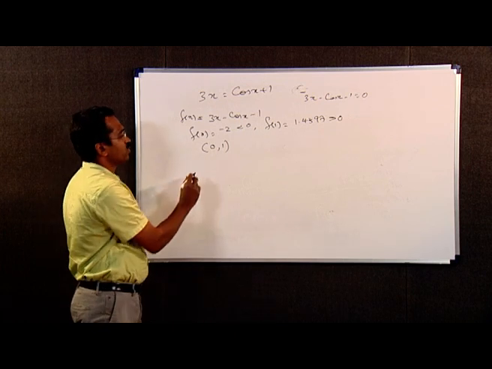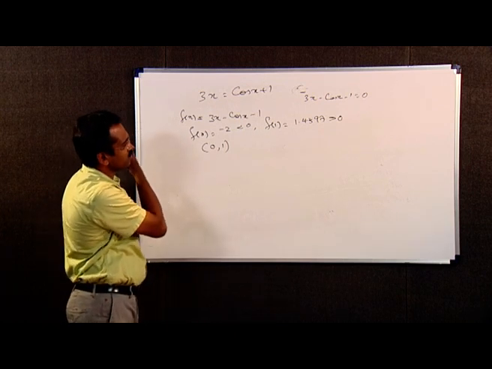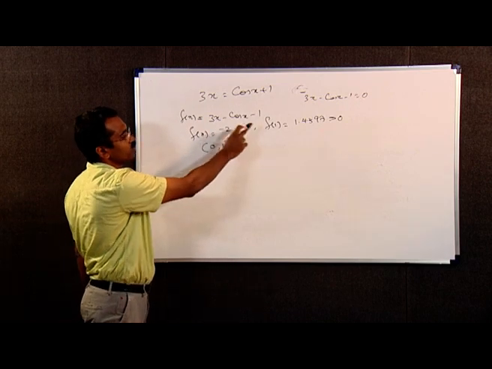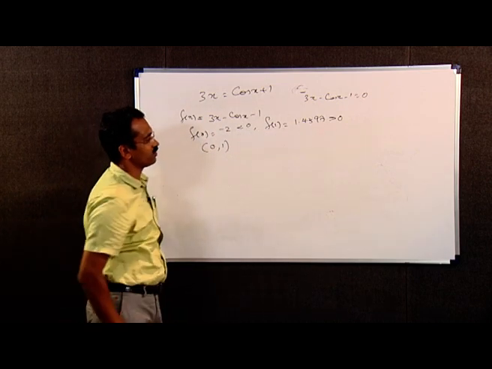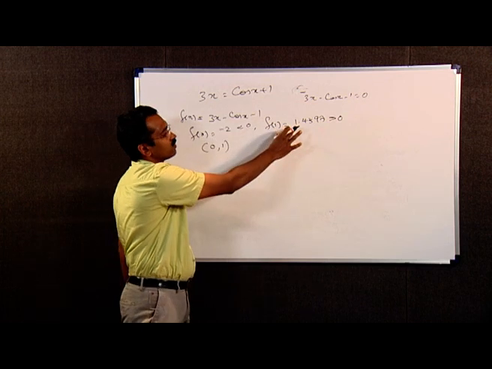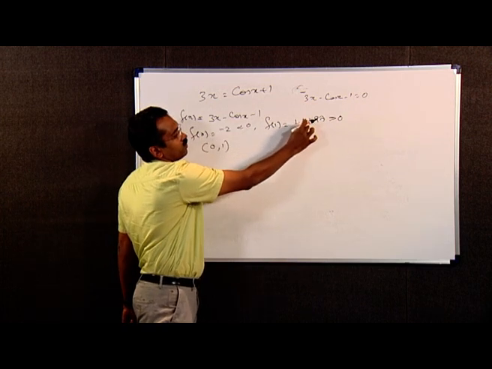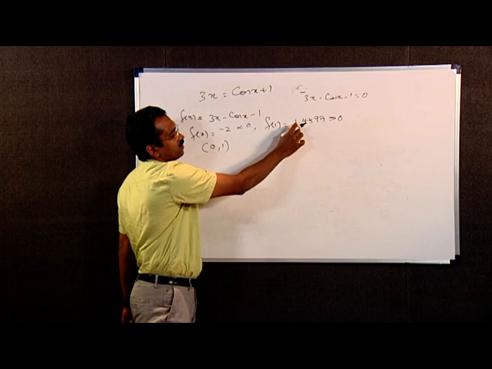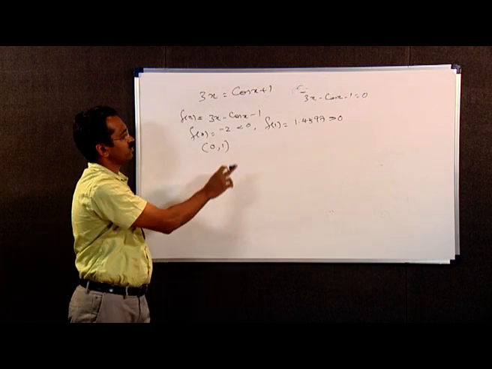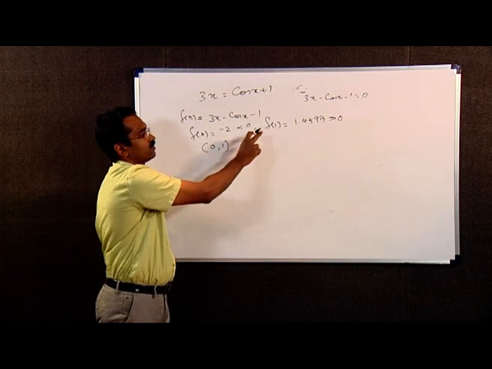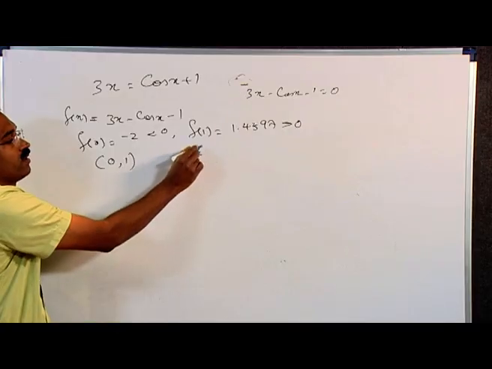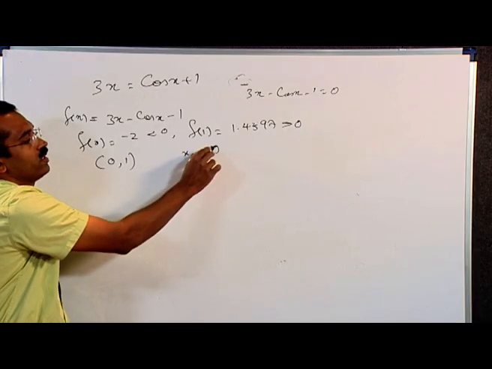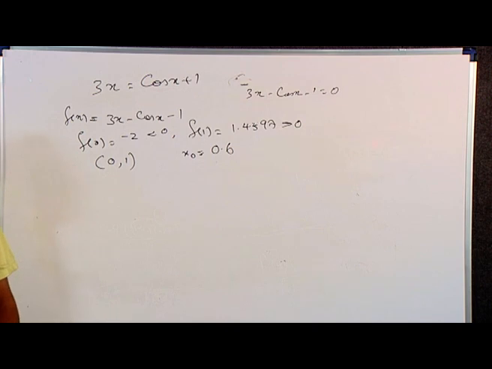We choose x naught equal to 0.6. Here, f of 0 equal to minus 2, f of 1 equal to 1 point something. If we compare these two values, this value is closer to 0 than that value. Therefore, we choose x naught as 0.6, which is near to 1.